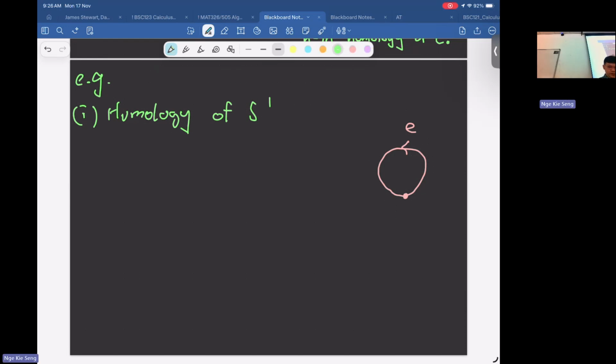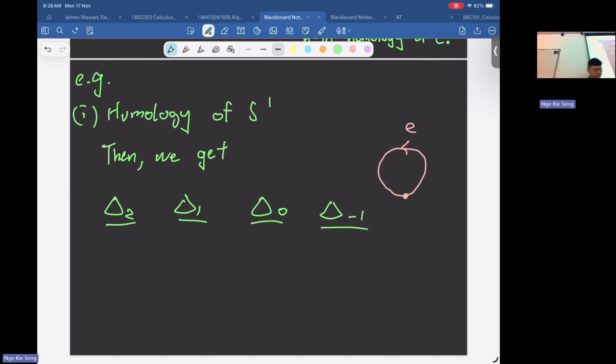Right. So then let's see what are the chain groups we get here. So let's write down some chain groups here. Let's say here's delta 2, here's delta 1, here's delta 0, here's delta minus 1. I don't know if this is working or not, but at least this is what we do during our research.